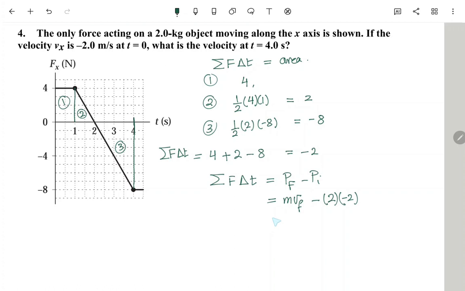You simplify this one here, it's equal to 2 V final plus 4 equal to, now F delta T, we just calculated this one, it's equal to minus 2. And V final will be equal to minus 2 minus 4 divided by 2, which is equal to minus 3 meter per second.